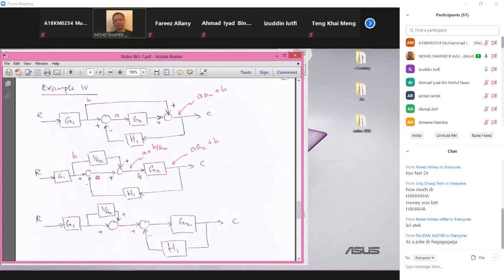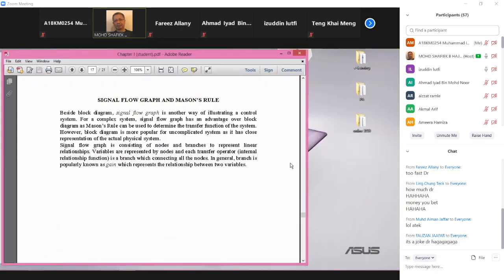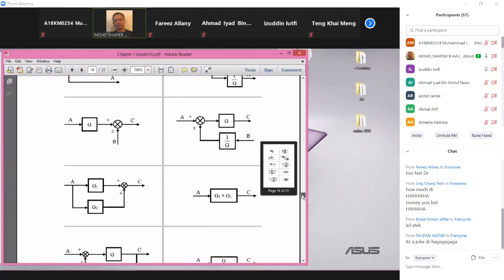See, there's nothing new here. We don't change the original block diagram by moving the summing junction from in front of the block to behind of the block. Okay, you can go back to your table. There's a table.